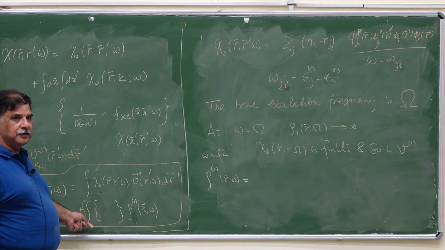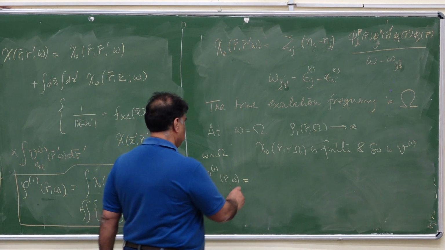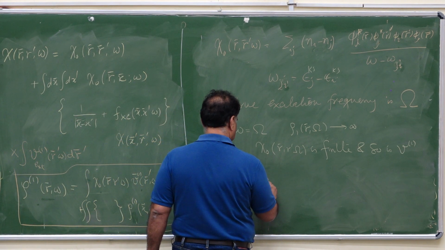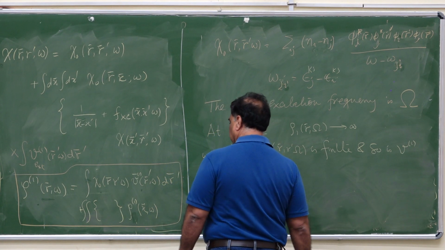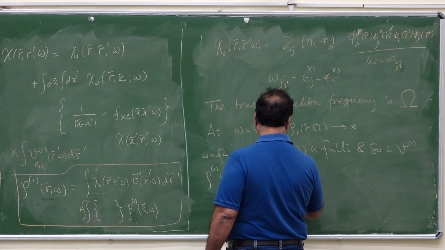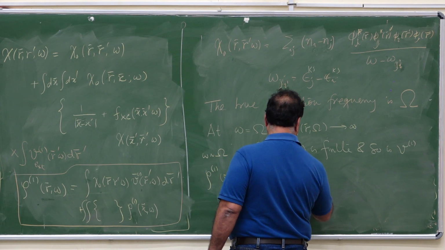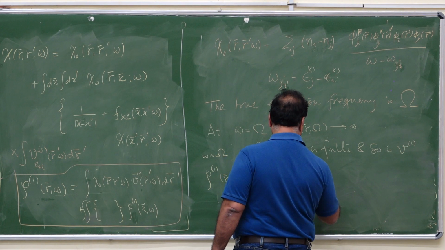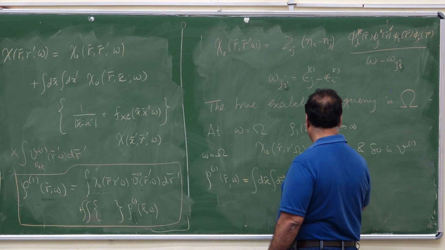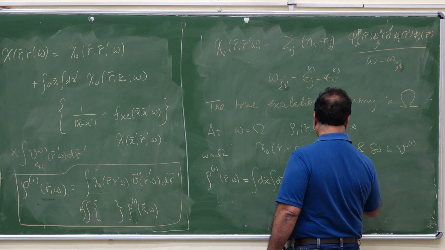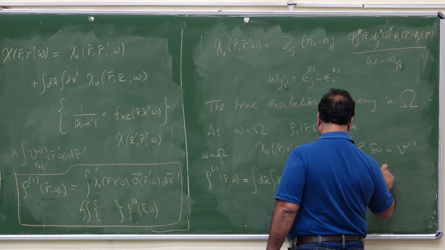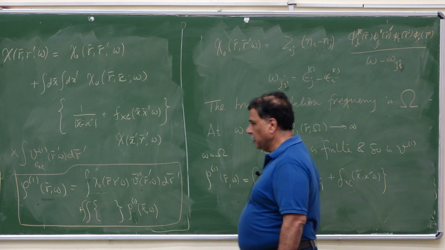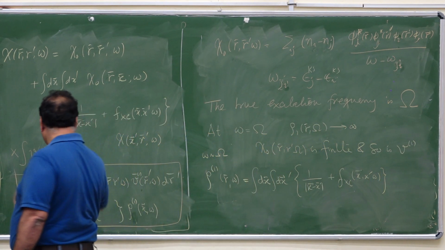This is infinite, so I'm going to write this as integration dx, integration dx prime, then 1 over mod x minus x prime plus fxc x x prime omega, close to capital omega, right?